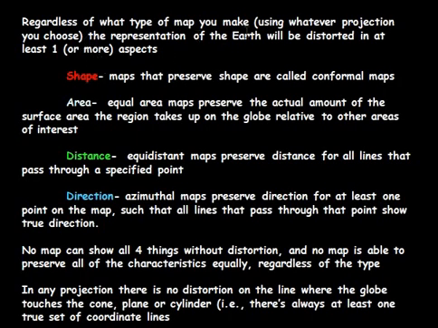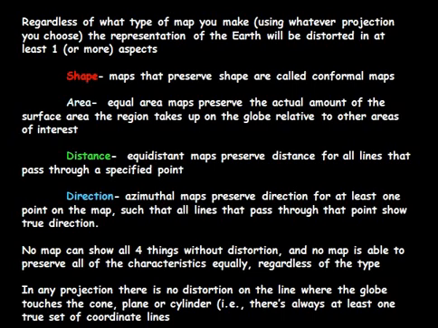Regardless of what type of map you make, the representation of the Earth will be distorted in at least one aspect, whether with respect to shape. Maps that preserve shape are called conformal maps.